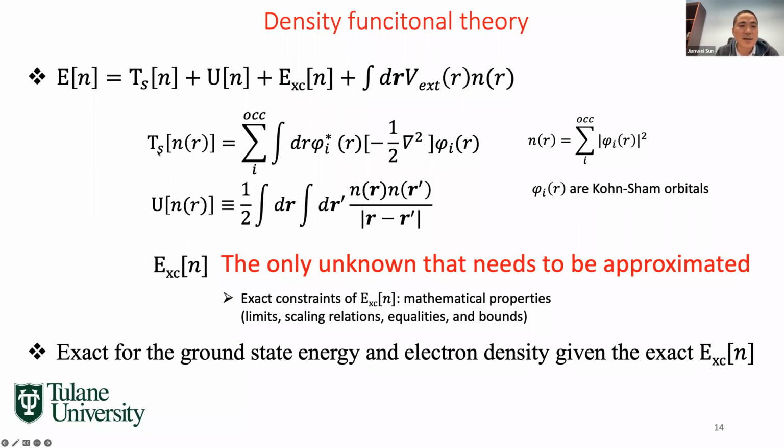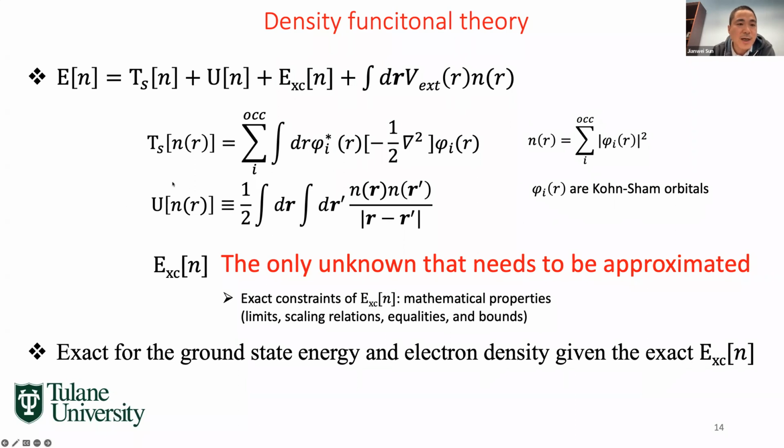The single-particle kinetic energy can be written as a summation of the Kohn-Sham orbital kinetic energies of the occupied orbitals, where the phi i are Kohn-Sham orbitals. And the electron density, of course, is the sum of the orbital electron densities of the occupied orbitals.